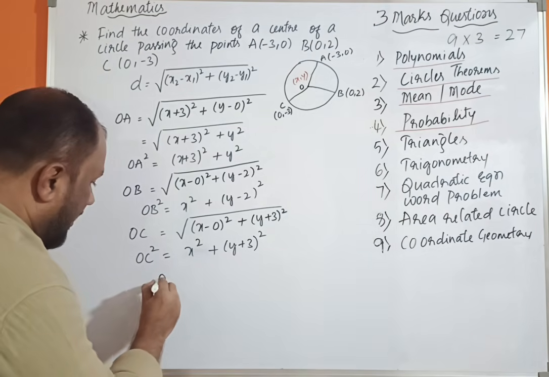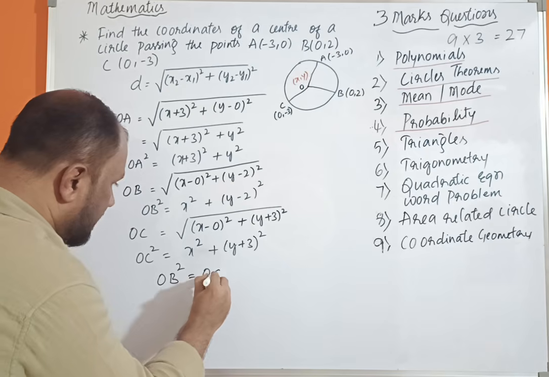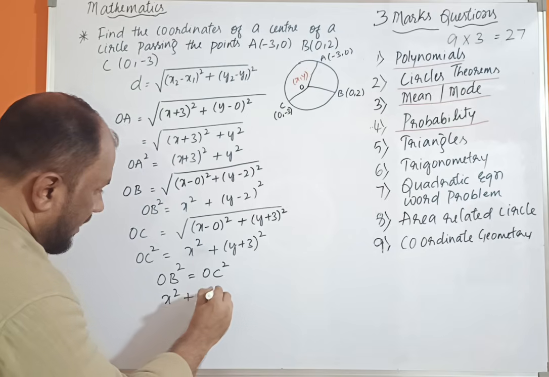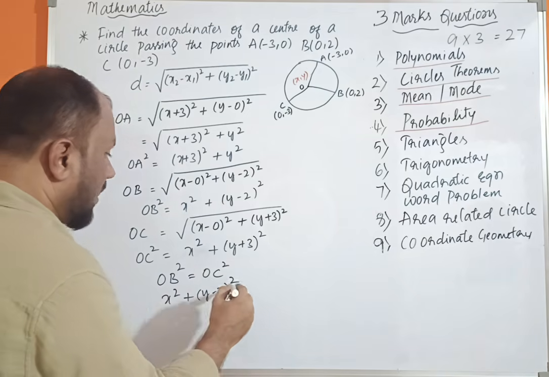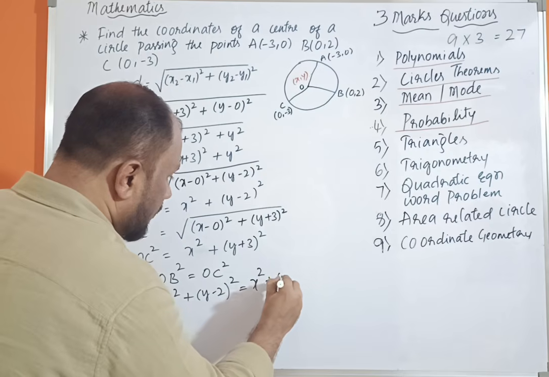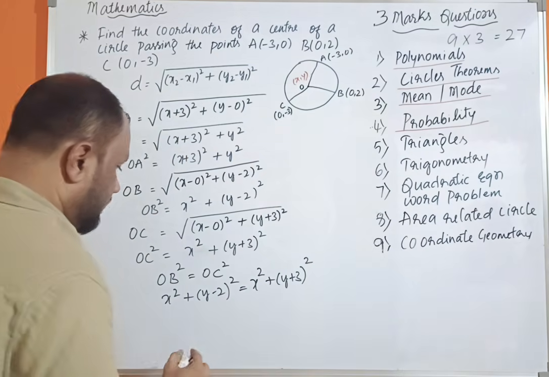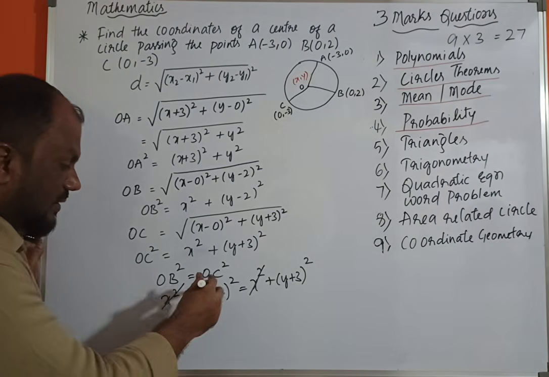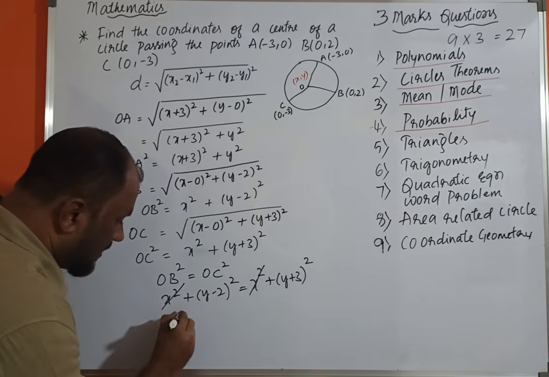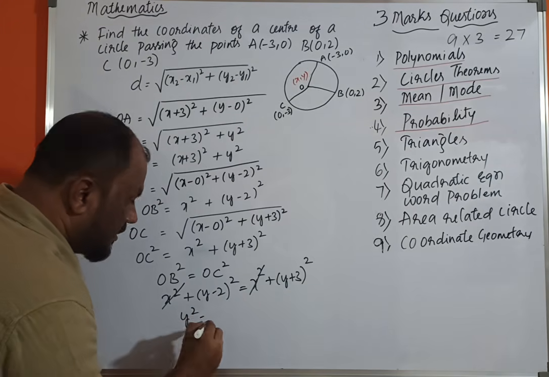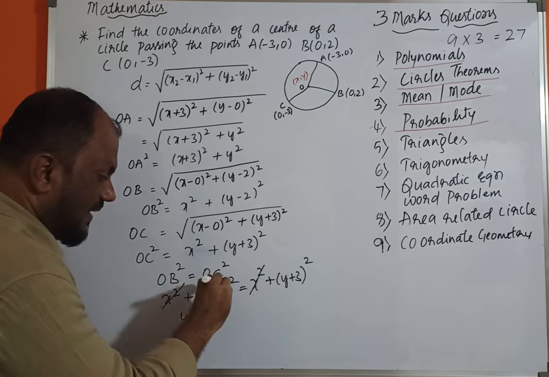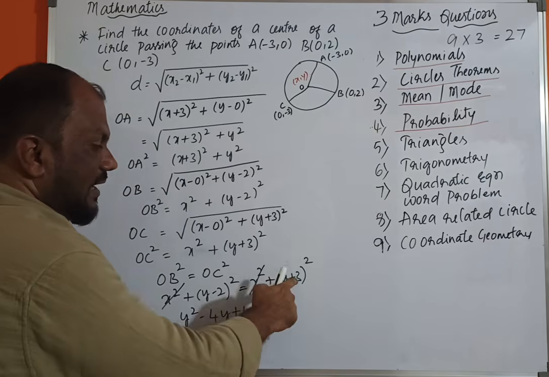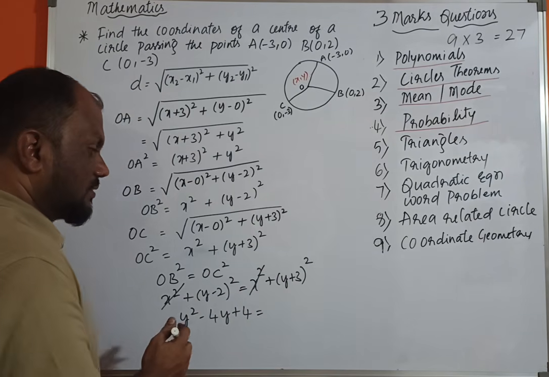OB square is equal to OC square. What is OB square? x square plus y minus 2 whole square is equal to OC square, which is x square plus y plus 3 whole square. x square gets cancelled. y minus 2 whole square follows the a minus b whole square formula: a square minus 2ab, 2 into y into 2, 4y, plus b square is 4, is equal to y plus 3 whole square, following the a plus b whole square formula.